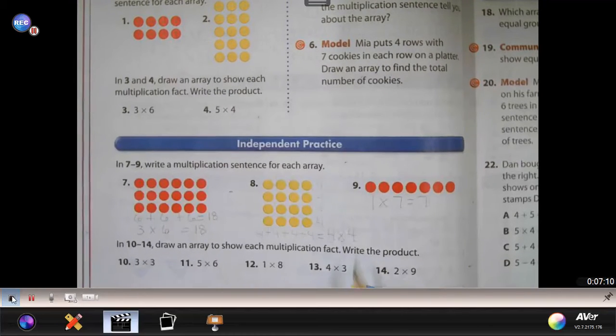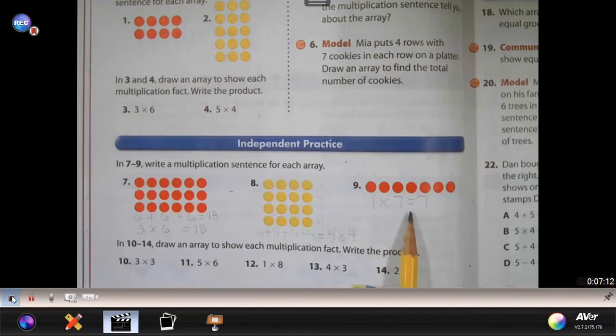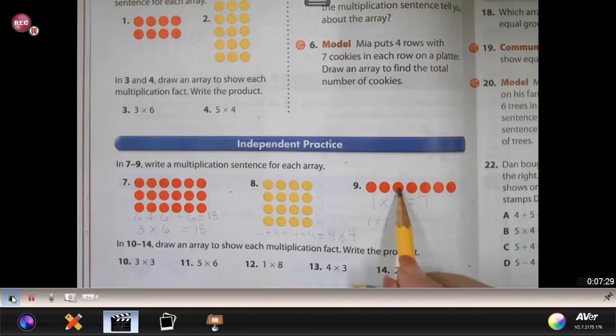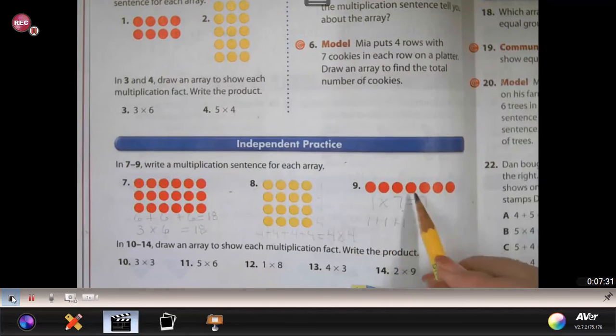So anytime you have 1 row of a certain number, it's going to be 7, or it's going to be whatever that number is that is in your group or in your row. One way to also think about this is you're adding 1 plus 1 plus 1 plus 1 plus 1 plus 1 plus 1.